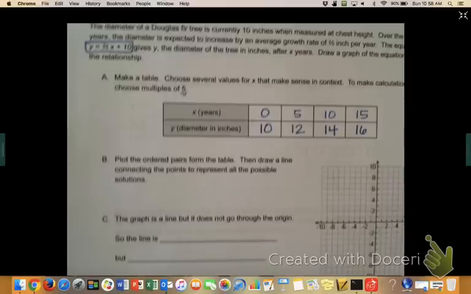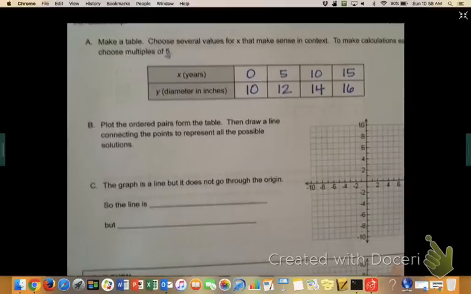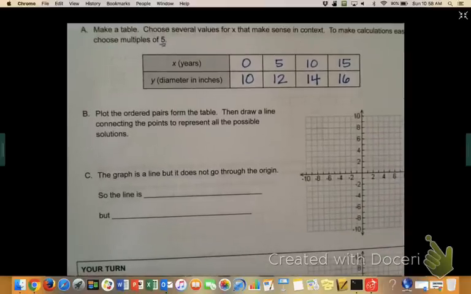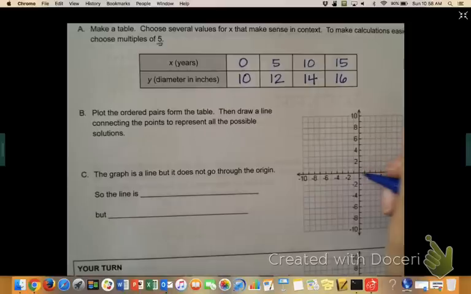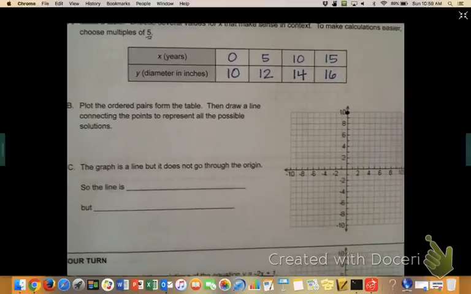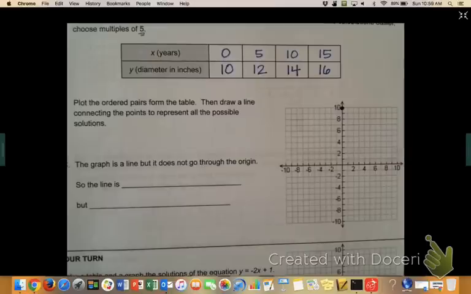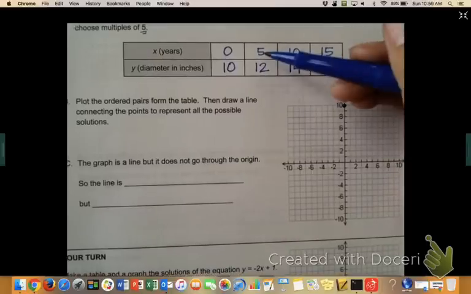All right, part B. Let's plot the ordered pairs, the coordinates from the table. So our first coordinate is at 0, 10. So at 0, it was already at 10. This graph isn't going to be great for our example because our next coordinate is 5, 12.